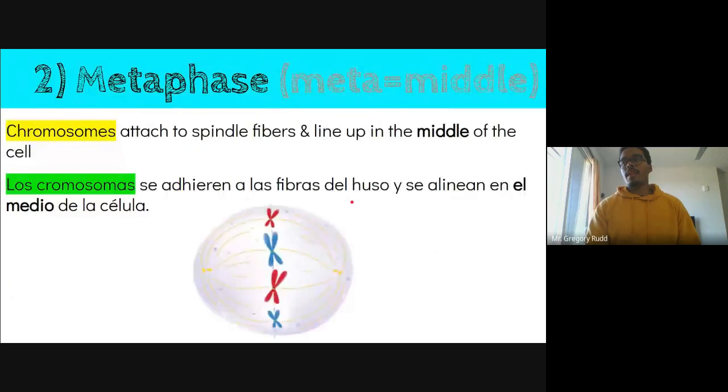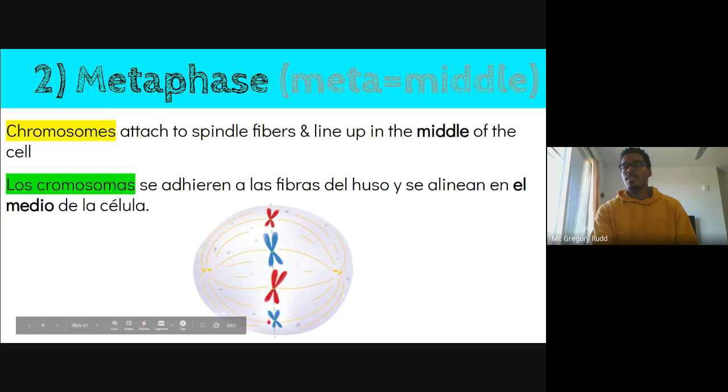After prophase is metaphase. Meta is a prefix that means middle. And here we can see that the chromosomes actually line themselves up in the middle of the cell. They line themselves up at the cell's equator, or I guess you could also say the meridian.